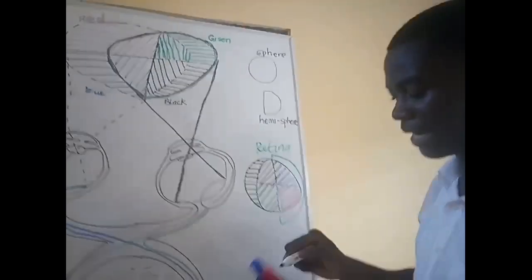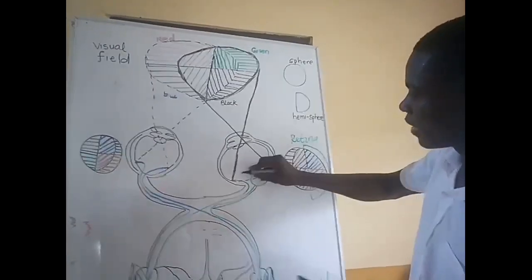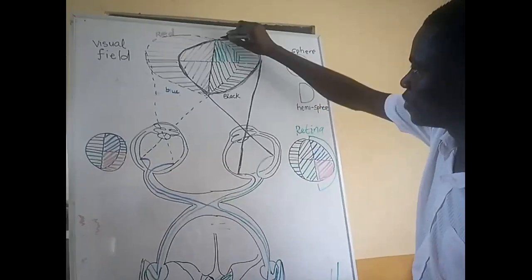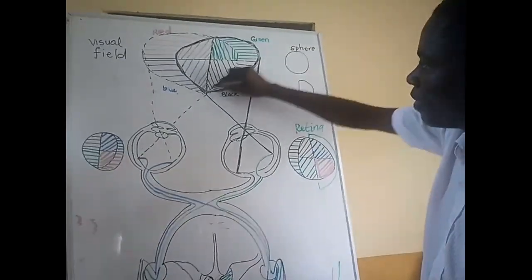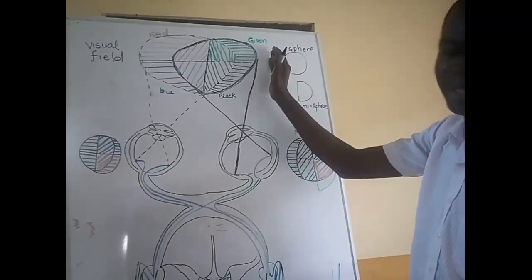Now let's come to the medial side. Now for the medial side, we realize that the hemifield is here. So realize that the temporal part is towards this side.